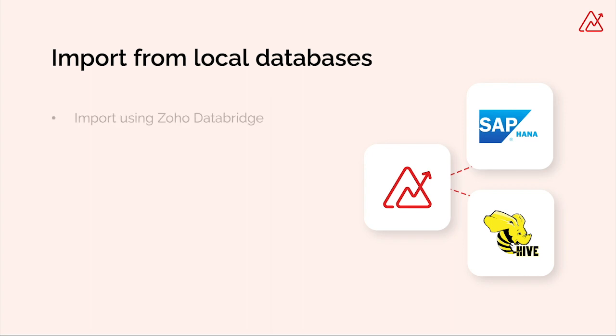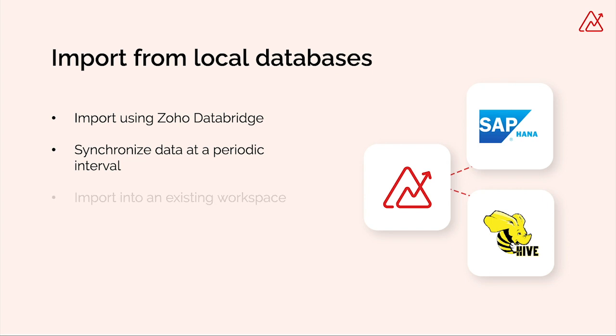So using Zoho Data Bridge, you can get your data from these two new local databases that I have listed here on the screen. You can also synchronize data at periodic intervals. You can set schedules to import your data.